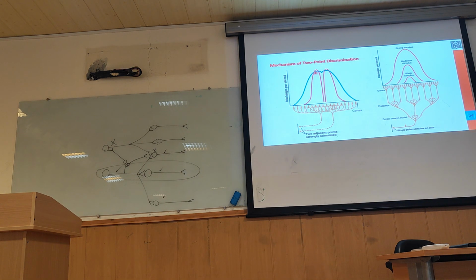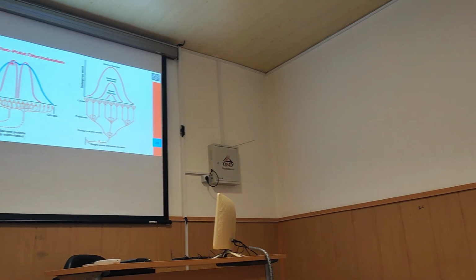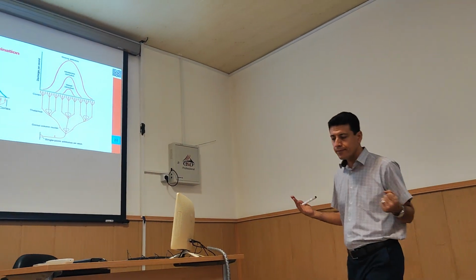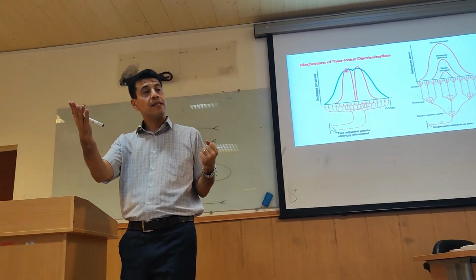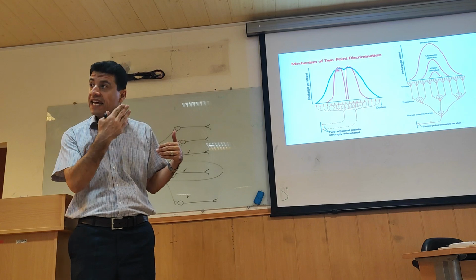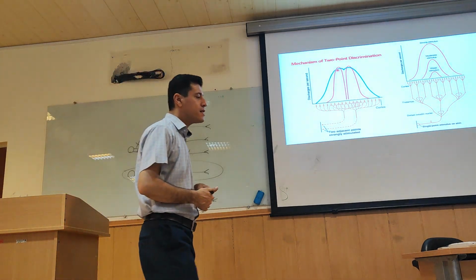We have two pathways in the spinal cord. Which one is important for 2-point discrimination? DCML or spinothalamic? DCML. Remember, discriminative touch is conveyed through the DCML system.